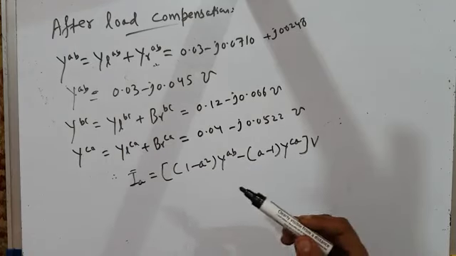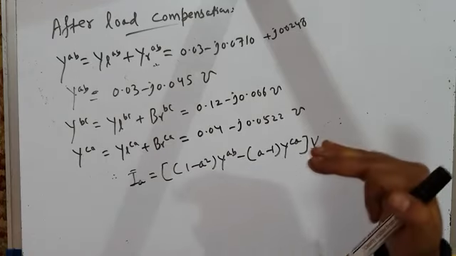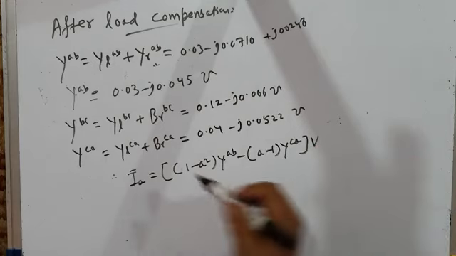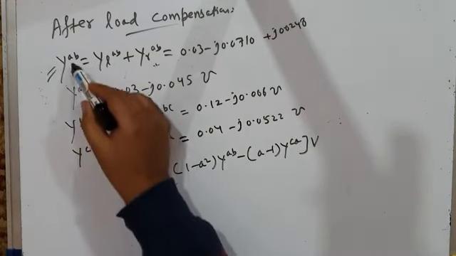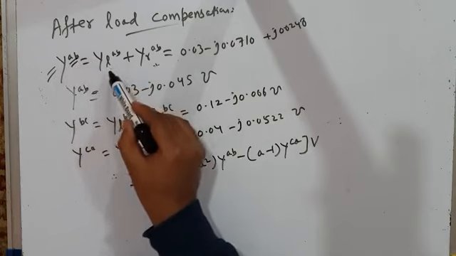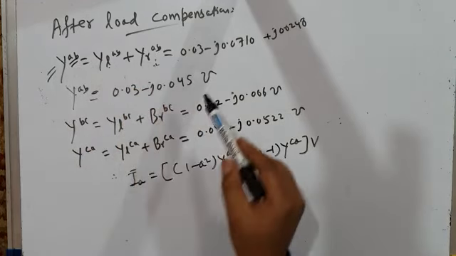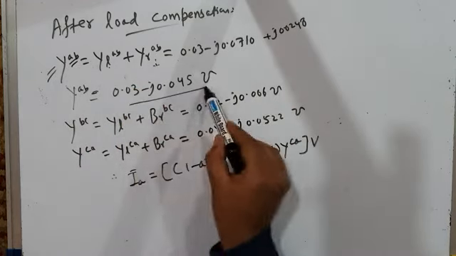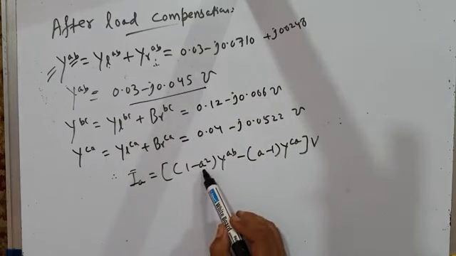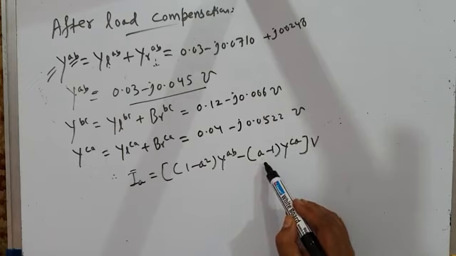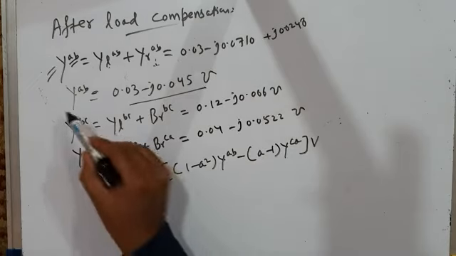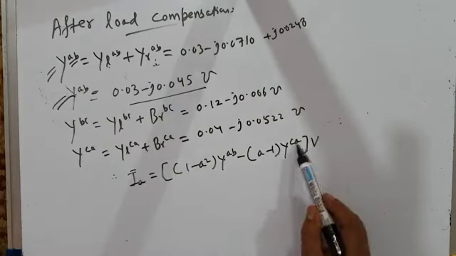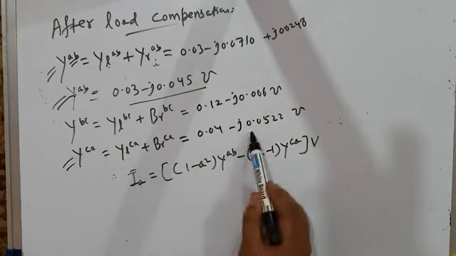But after compensation, the load admittance has the compensator admittance in parallel. So the total admittance of branch AB becomes load admittance plus compensator admittance. Here A square is minus 1 by 2 minus J root 3 by 2, and A is minus 1 by 2 plus J root 3 by 2. YAB is given, that is this, and YCA is also calculated above.